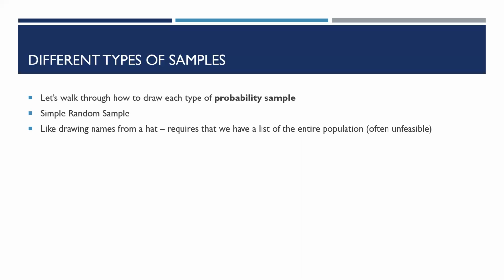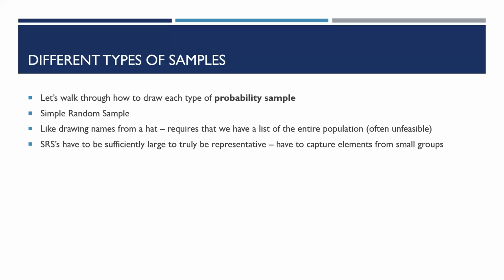And it's a probability sample because everyone in the population has the same known probability of making it from the population into the sample. So like I said, in order for these to actually work, for us to be able to draw good causal inferences from them, the simple random sample we draw has to be sufficiently large in order to truly be representative.